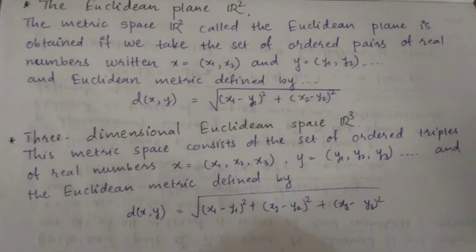The metric space R2, called the Euclidean plane, is obtained if we take the set of ordered pairs of real numbers, written as x is equal to (x1, x2) and y is equal to (y1, y2), and I am defining the Euclidean metric as d(x,y) is equal to the square root of (x1 minus y1) whole squared plus (x2 minus y2) whole squared.